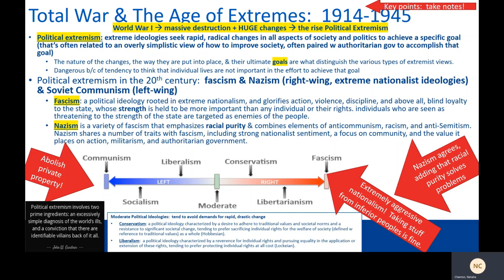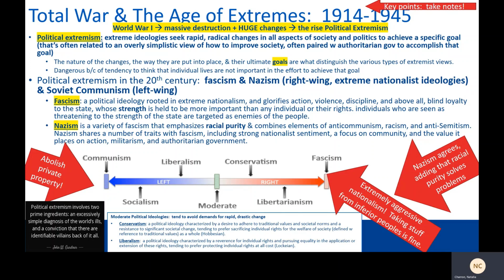It means that extremist politics usually rely on a leader with a ton of power who promises to make things better by identifying the source of a really complicated society's problems in a super overly simplistic way. The nature of these changes, the things that are going to radically change, how they're put into place, and especially the ultimate goal, the prescription for society, are what distinguish the various types of extremist views.